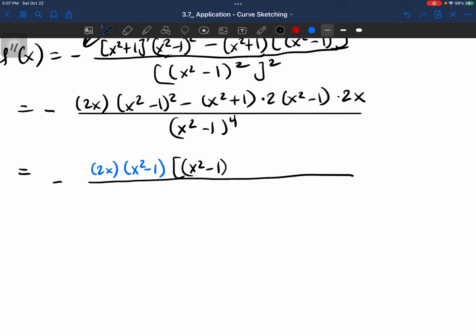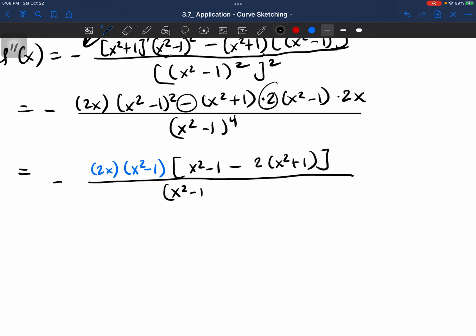You're left with one of these, so it'll be x squared minus 1. I could put the parentheses, but since there's nothing in front of it, and this is to the power of 1, we can just leave it as x squared minus 1. Followed by the minus, and then followed by x squared times 2, so 2 times x squared plus 1.